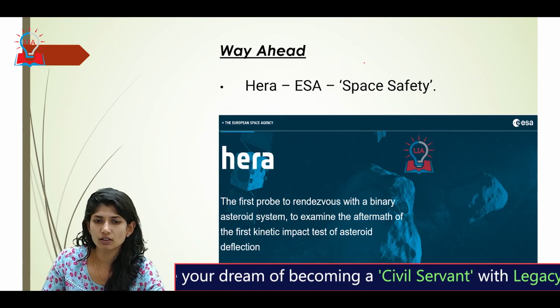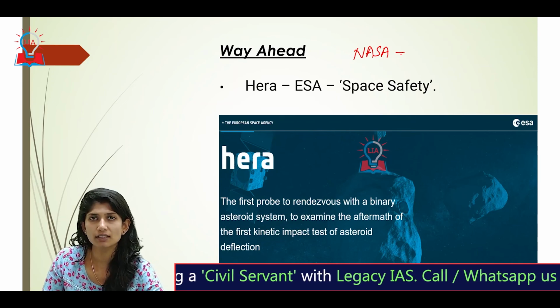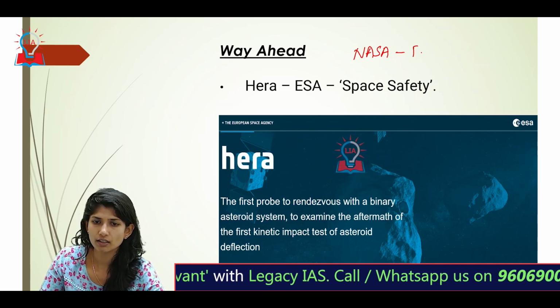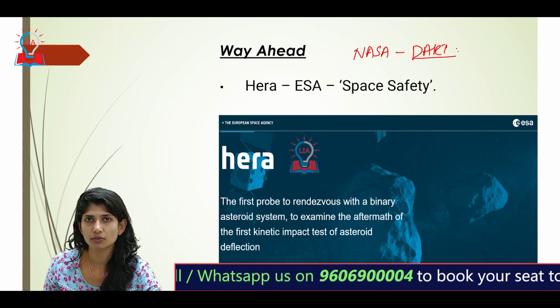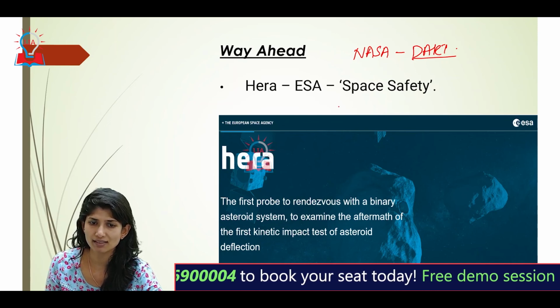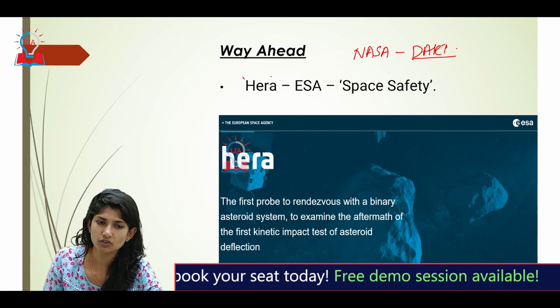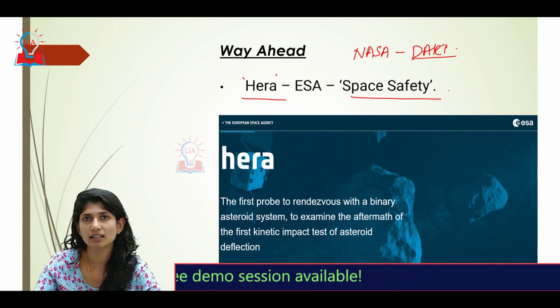Now we saw that NASA has successfully conducted, for the first time, a test of DART by hitting it into Dimorphos. What is the way ahead? Are any other countries planning on it? Yes, the European Space Agency is performing an operation called Hera, their version of a space safety operation.